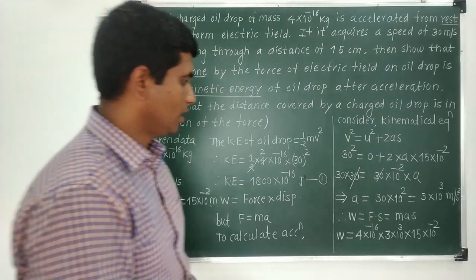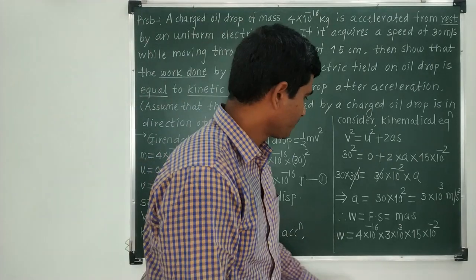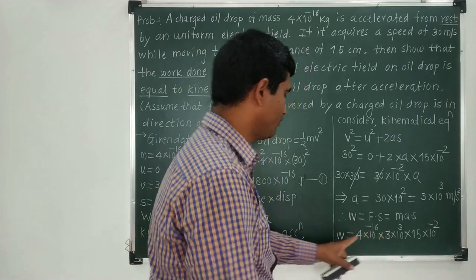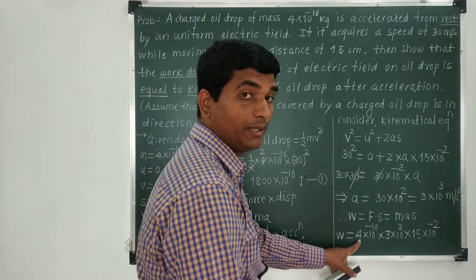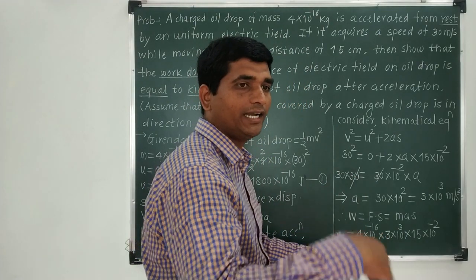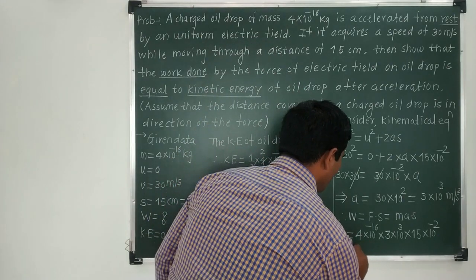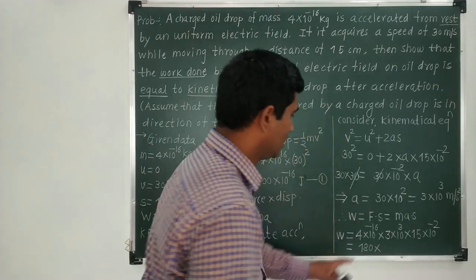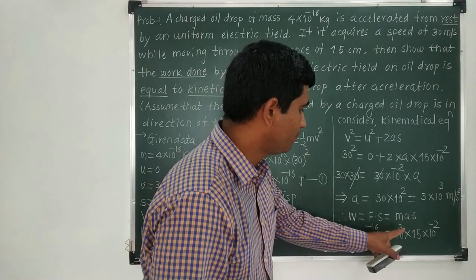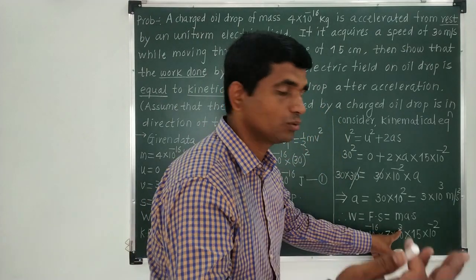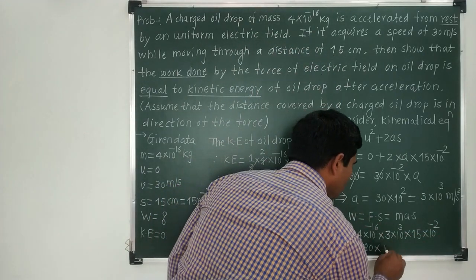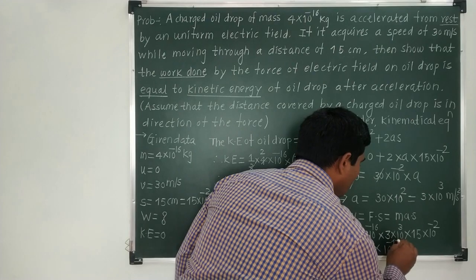Now we will further simplify this. 15 threes are 45. 45 into 4: 45 twos are 90, 90 twos are 180. So you can write this as 180 into 10 raised to minus 16 plus 3, that will be 10 raised to minus 13, minus 13 minus 2, that will be 10 raised to minus 15.